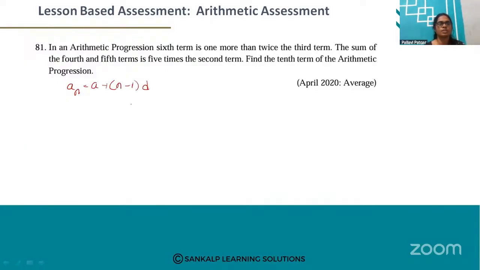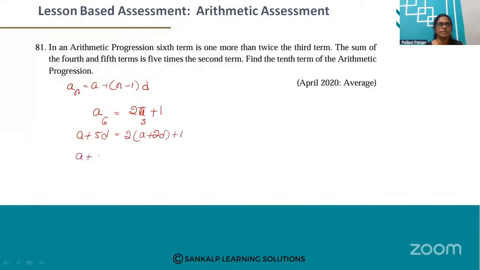Okay. So here the first statement, sixth term is one more than twice the third term. Okay. So write this in terms of A and D. So A plus 5D is equal to 2 into A plus 2D plus 1.